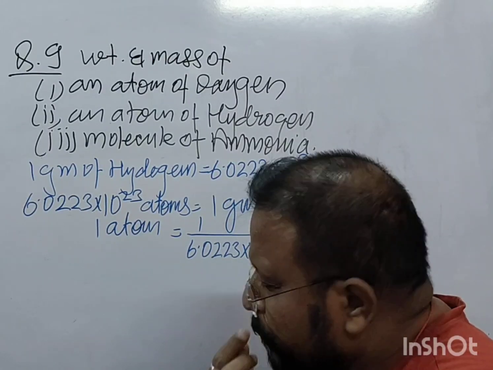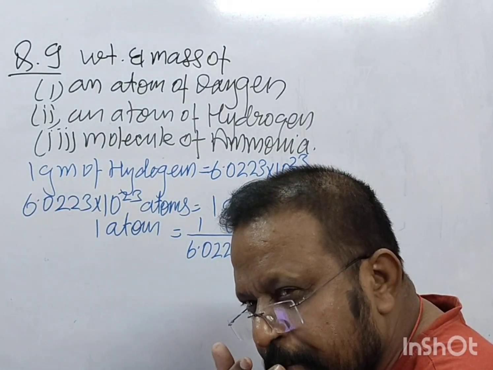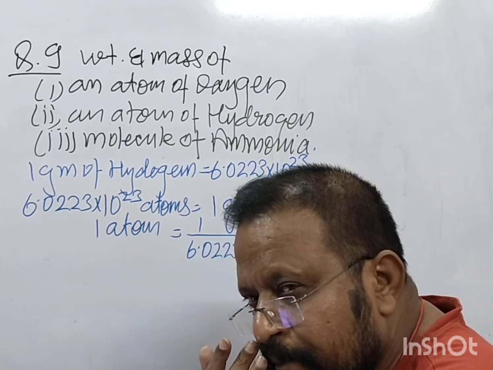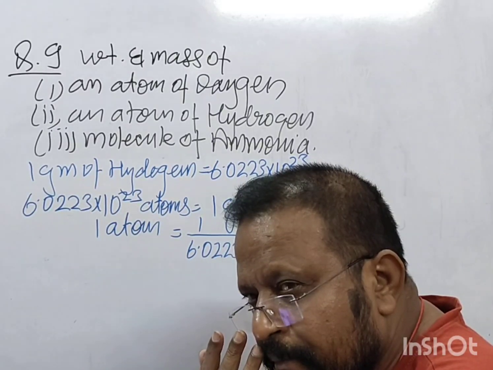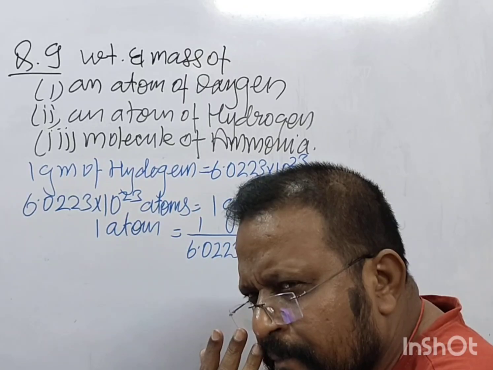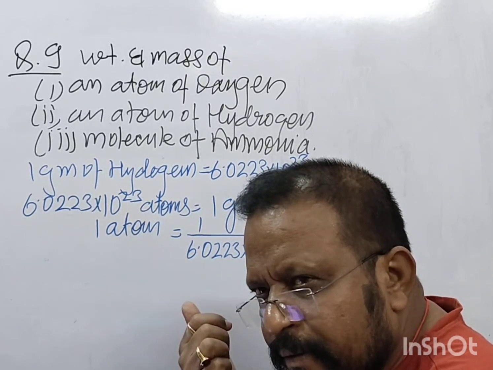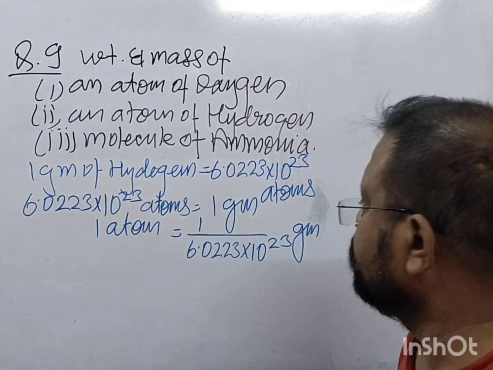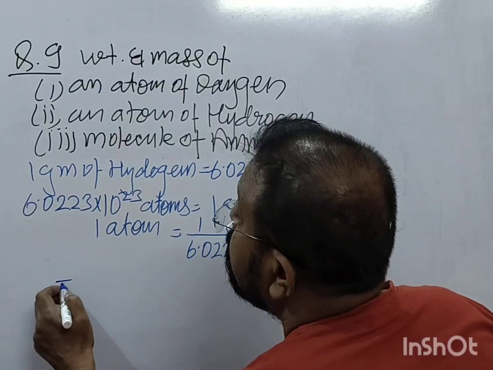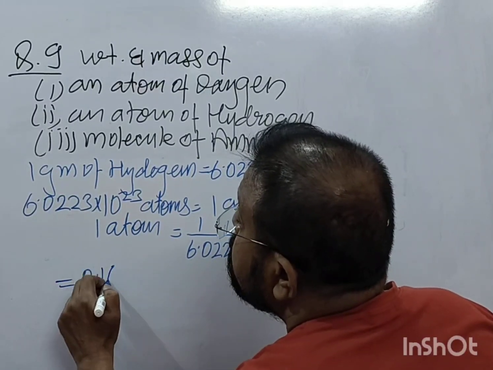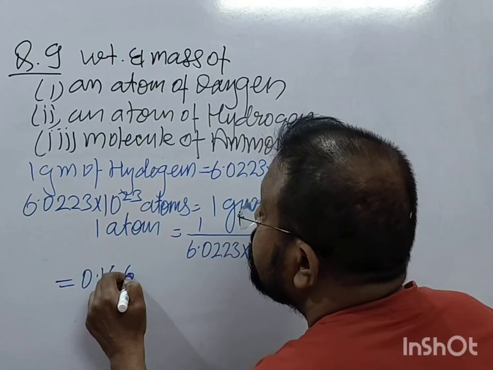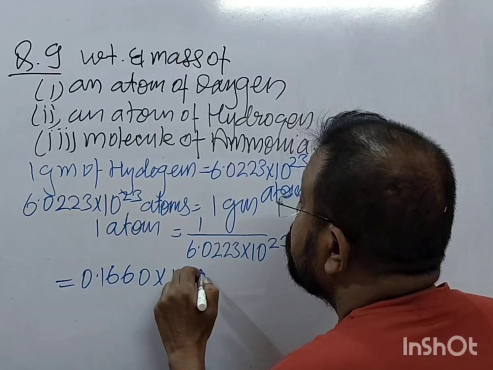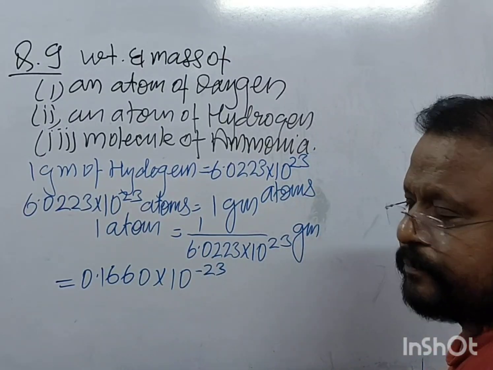And oxygen was written there, 2.657 into 10 to the power minus 23. That was correct. So here we are getting 0.166 into 10 raised to the power minus 23 gram.